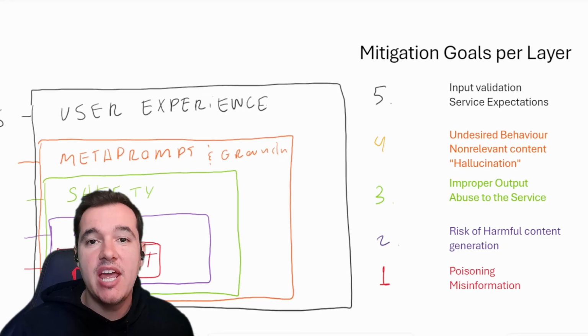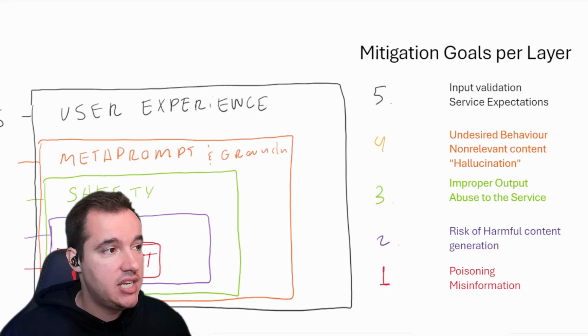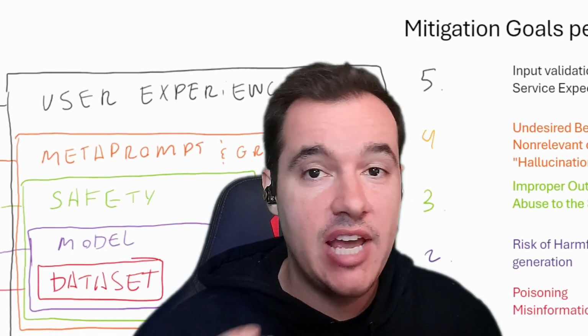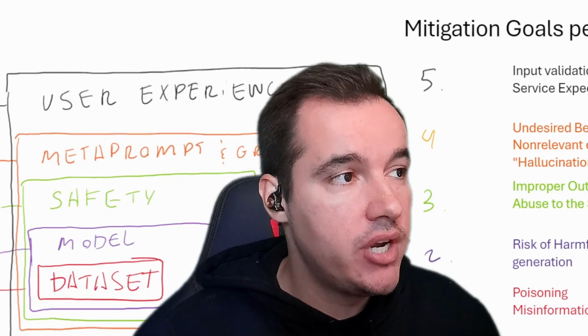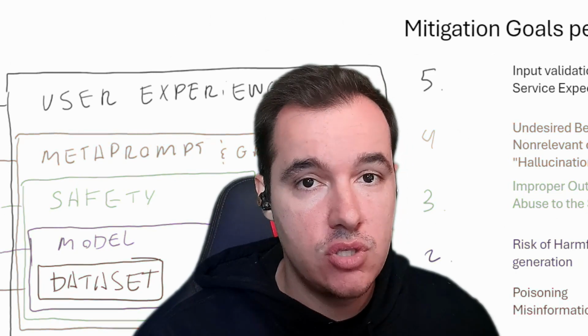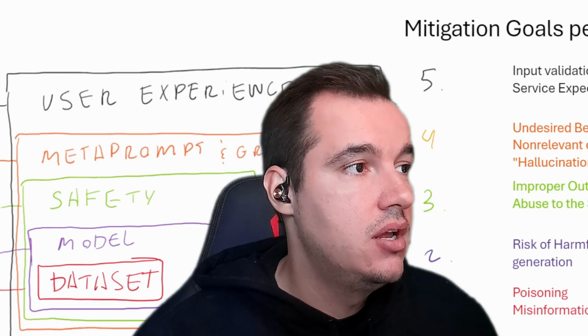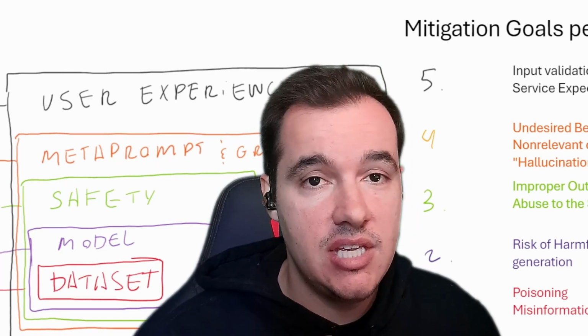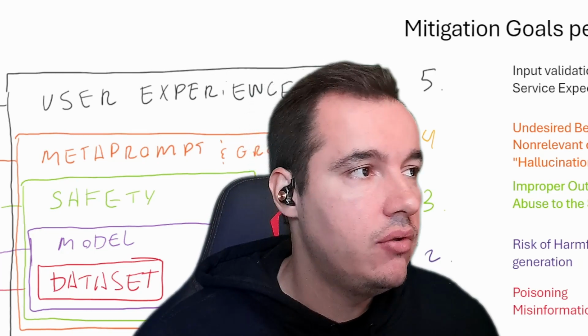So when we look at mitigations per layer, well, we're looking at avoiding poisoning and misinformation at the dataset layer. We're looking at avoiding risk of harmful content generation at the model layer. We're avoiding improper output and abuse of the service at the safety level, and undesired behavior, non-relevant content, and hallucination at the meta prompt and grounding layer.